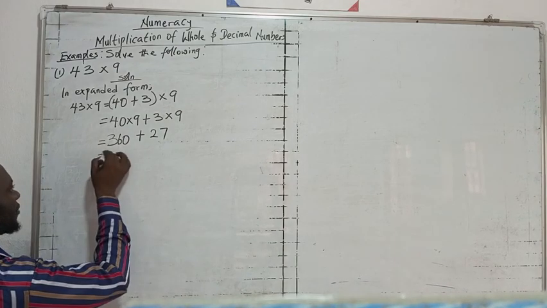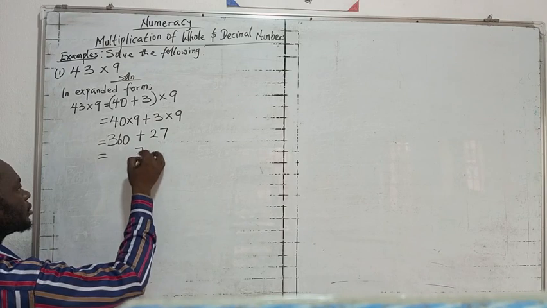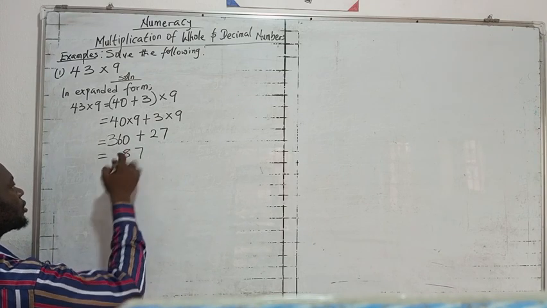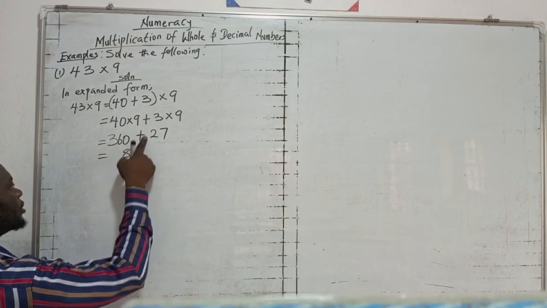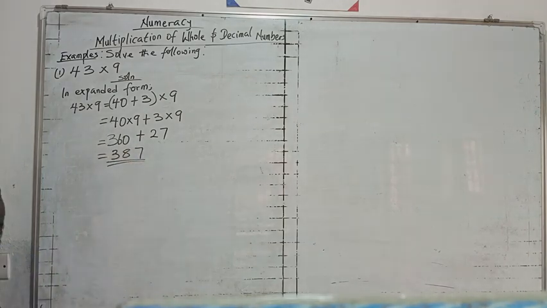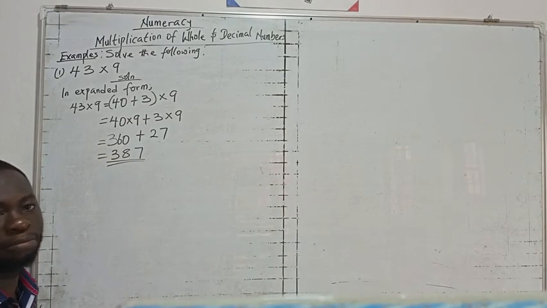Now how do we get our final answer? We add 360 and 27. 0 plus 7, 7. 2 plus 6 is 8. There's no number here, so 3 plus 0, 3, or we bring down 3. So 387. Now this is the use of expanded form of the numbers to carry out our multiplication.